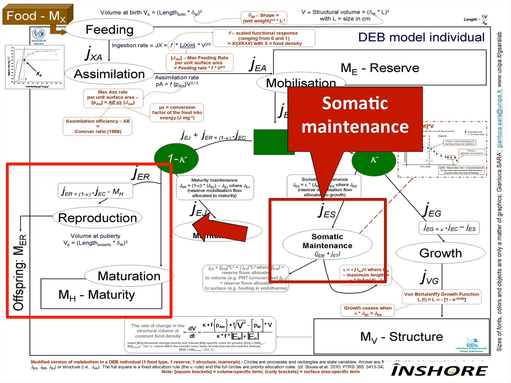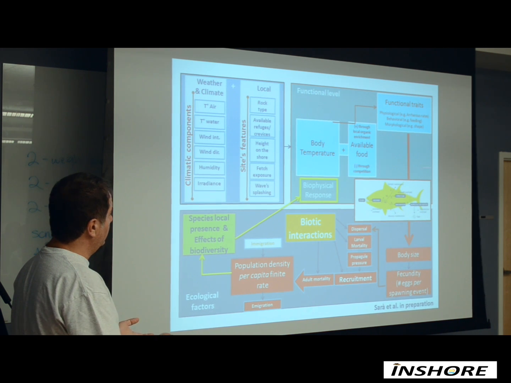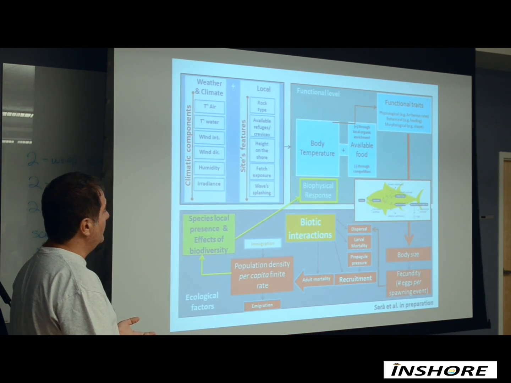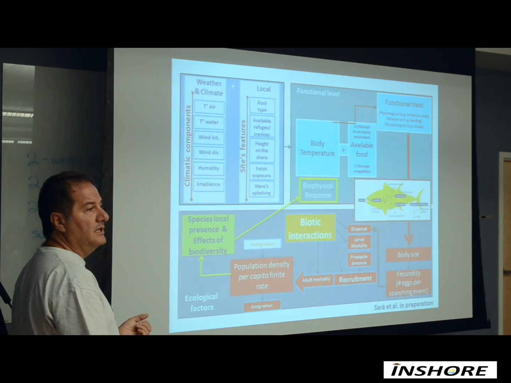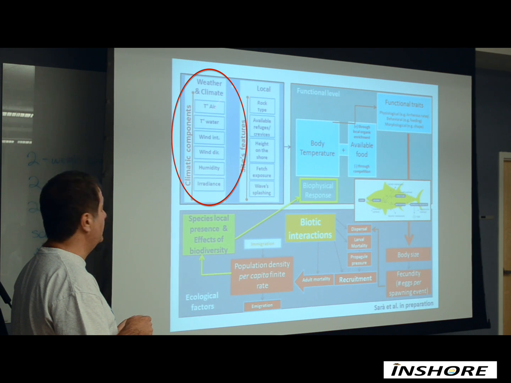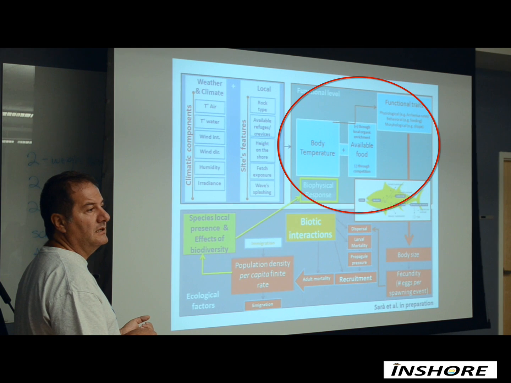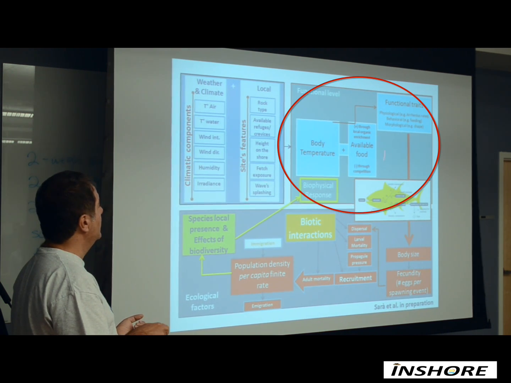And this is the core of the message. Just to repeat this information, this is the DEB, and we capture the environmental stochasticity and translate it into effects on functional traits.